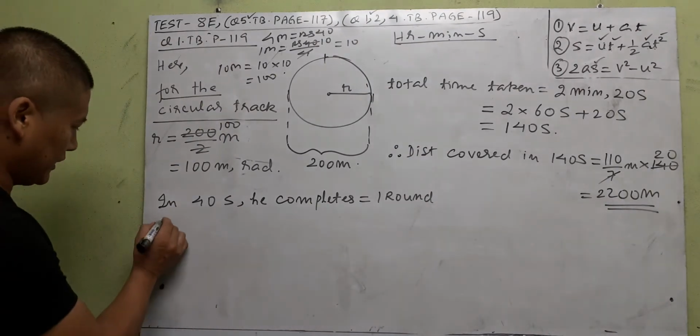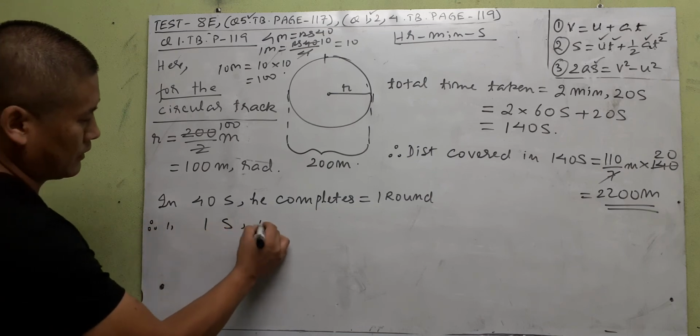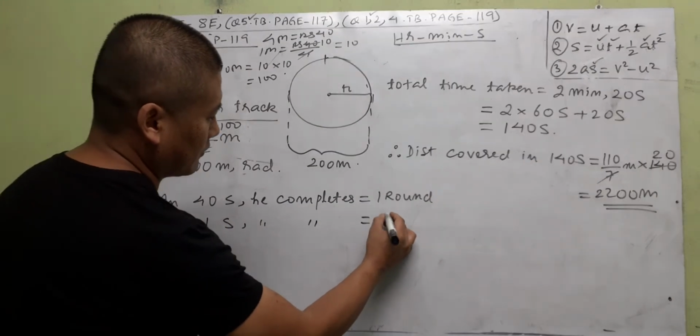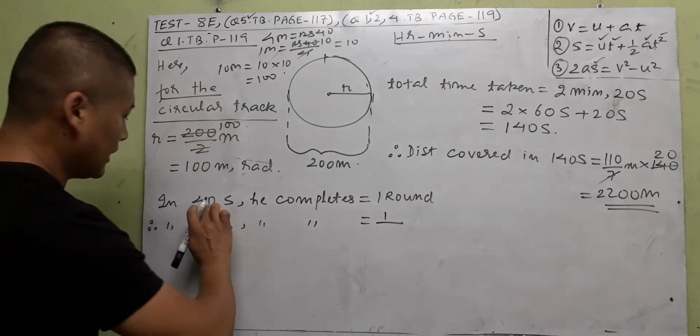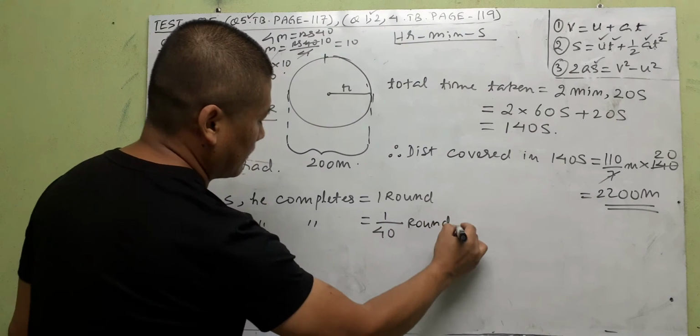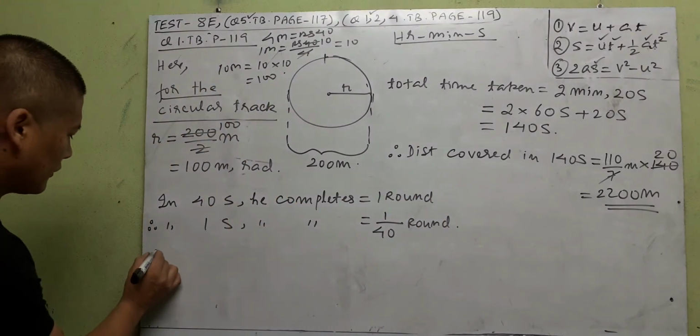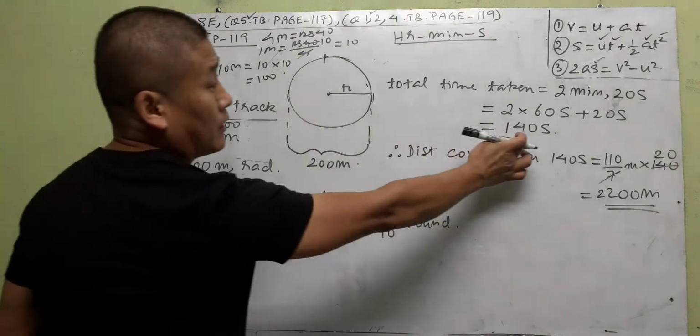For displacement, we need this. Therefore, in 1 second, he completes how many rounds? Right side divided by left side. That many rounds. But we shouldn't bring that as a unit, only the number. Therefore, total time was how much? This one, right?